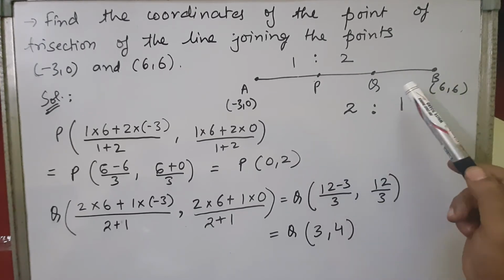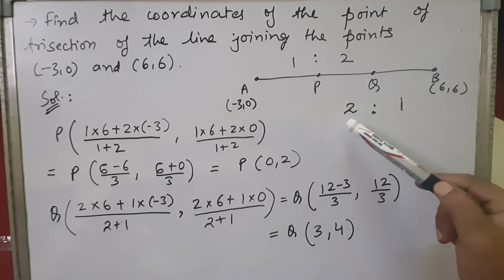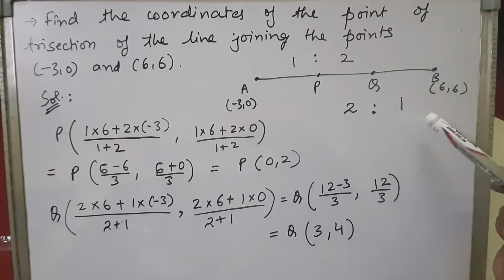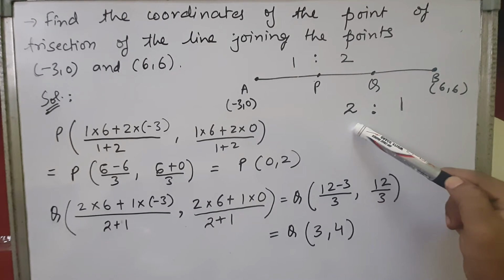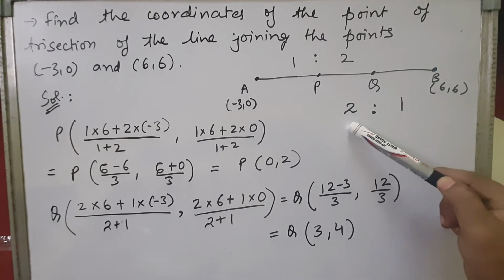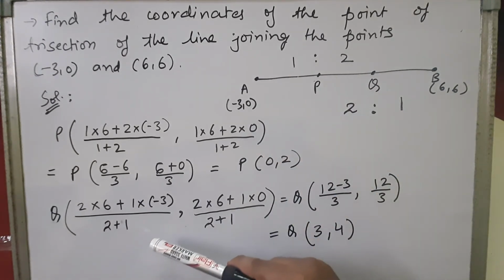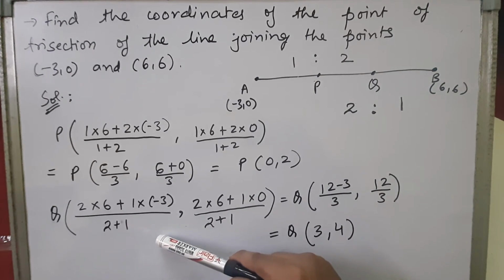And when we find the coordinates of Q, the ratio in which Q divides AB is 2 is to 1. So the value of M1 here is 2 and M2 is 1. When we apply the section formula, it will be M1 x2 plus M2 x1. So it will be 2 into 6 plus 1 into -3 upon 1 plus 2. Right.